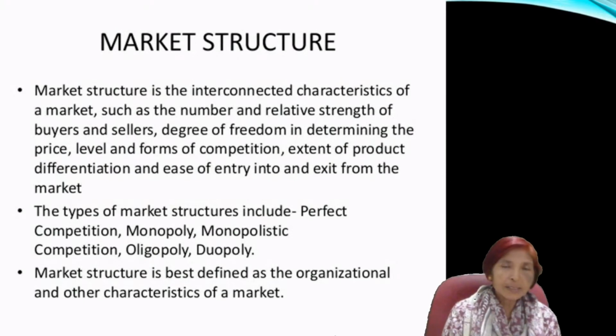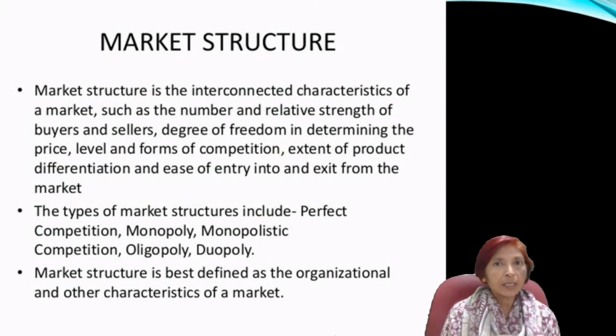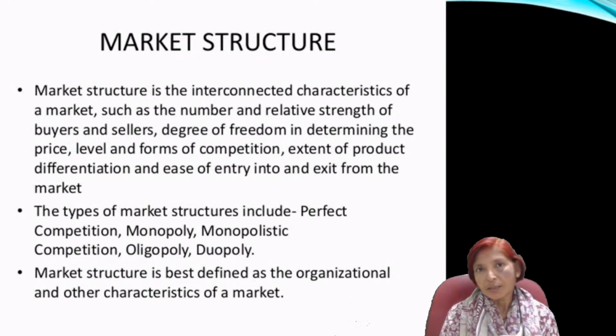And the few sellers mutually decide how they can charge the maximum price for their product so that they can earn maximum profit. Because in an oligopoly market, each and every seller plays a very important role in determining the price and quantity of the product.